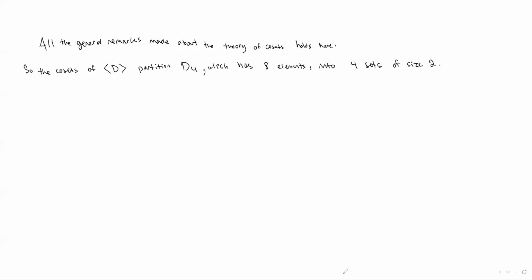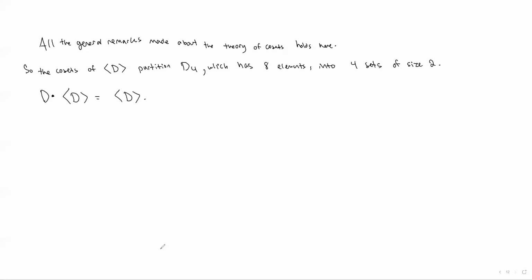And some elements generate the same coset. That's something we saw, that was a general remark made. And so first of all, for any element of a subgroup, the coset will just be the subgroup itself. So D times D equals D.